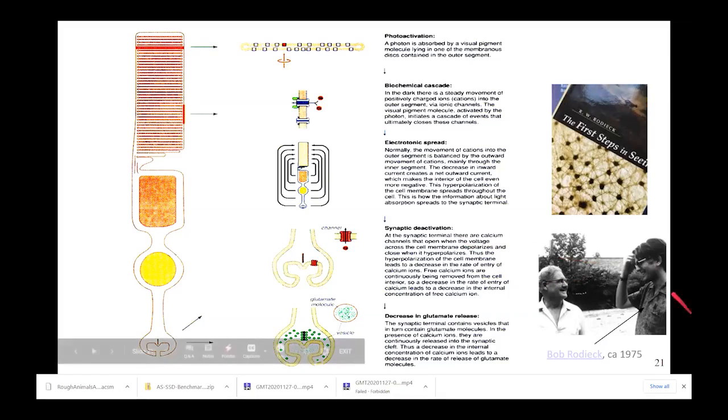He's dead now, but he wrote this beautiful book called The First Steps of Seeing. You see this picture here? I just showed it to you, the horizontal cells. This is absolutely a labor of love. And if you can find it, it's just a pleasure to read. It's like a life's work for him. So I highly recommend this if you want to read more about the biology of the retina.